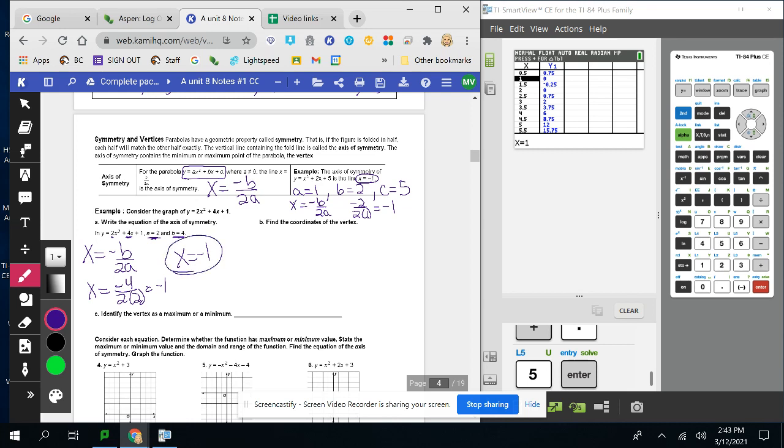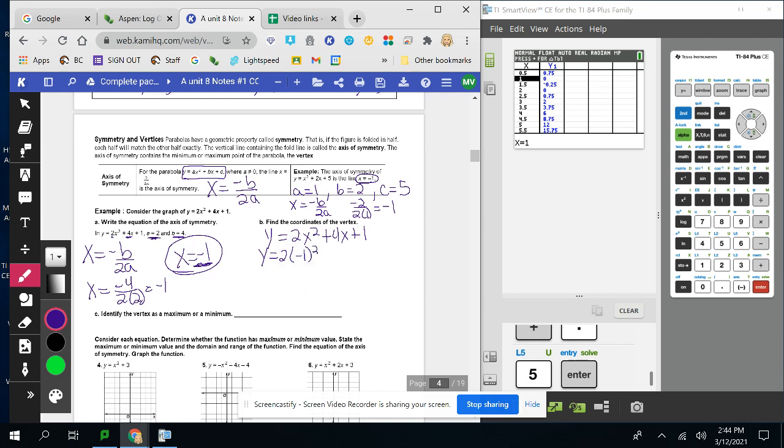Now to find the coordinates of the vertex, we take our original equation, y equals 2x squared plus 4x plus 1, because our vertex is always in the middle, and our vertex is always on the axis of symmetry. So in order to find the vertex, we take our x value from our axis of symmetry, and we're going to substitute it. We always substitute it in parentheses.